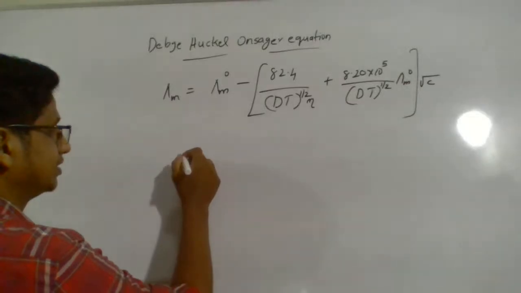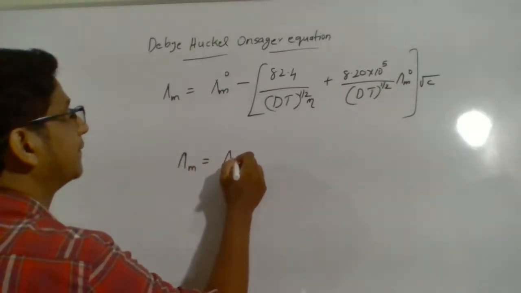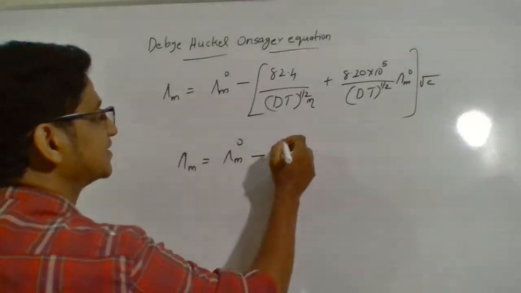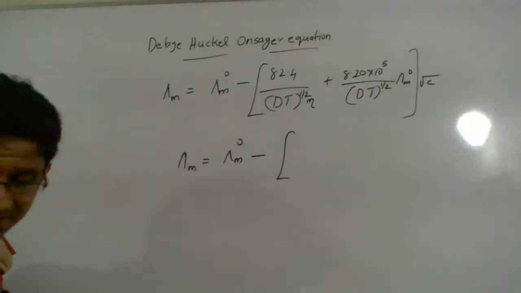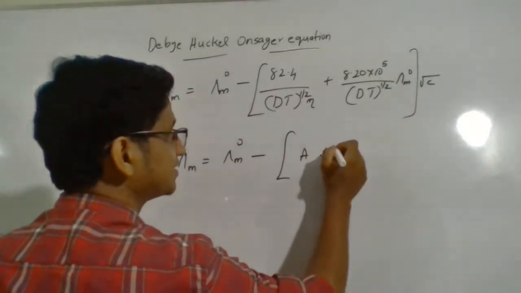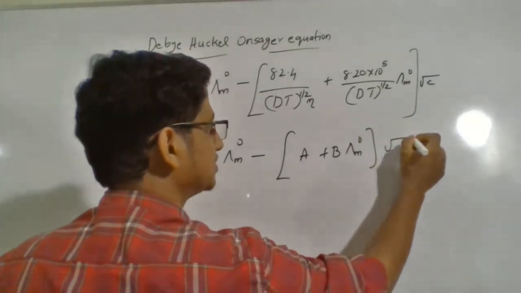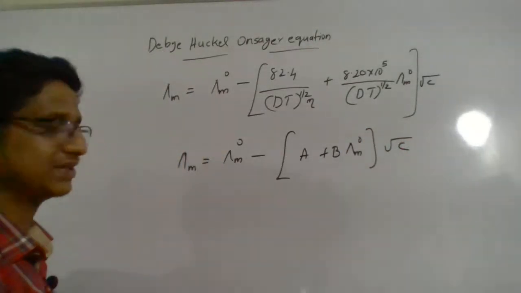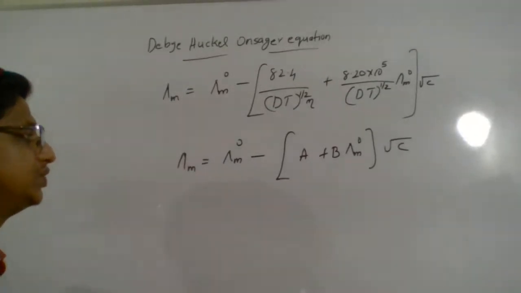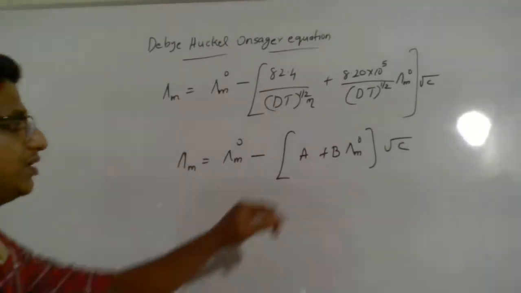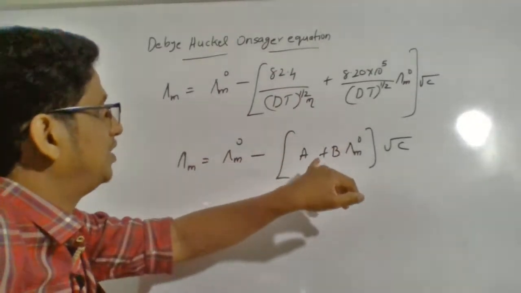You can simplify it. Lambda m is equal to lambda m0 minus (A plus B lambda m0) into root c. Look at this equation now, where A is this part, 82.4 divided by (DT) raised to half into eta.